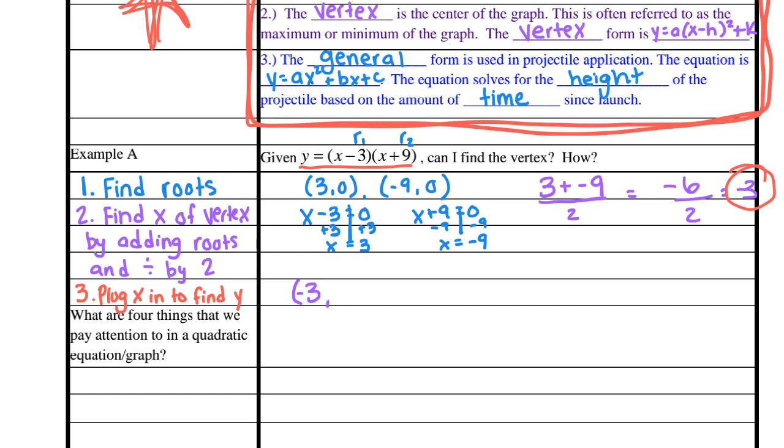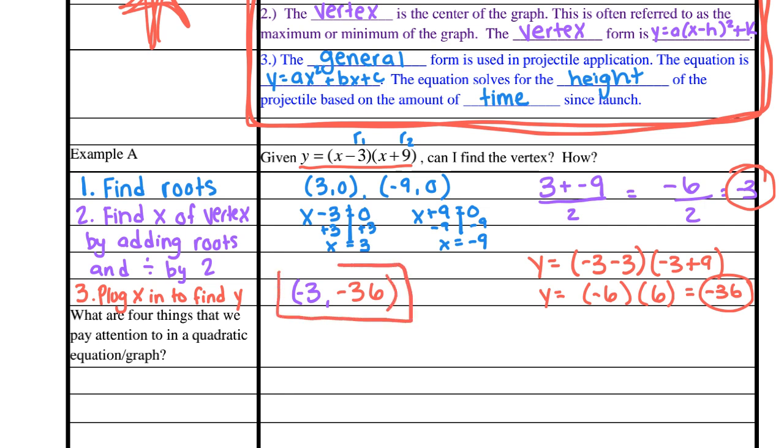So we still have y equals, but our x is now becoming a negative 3, and then the minus 3 is still there, and the other x also becomes a negative 3. And then we just calculate this out. And so we'd have that becoming negative 6 times 6, which equals negative 36. So our y value in our vertex is negative 36. So now we know that our vertex is (negative 3, negative 36).